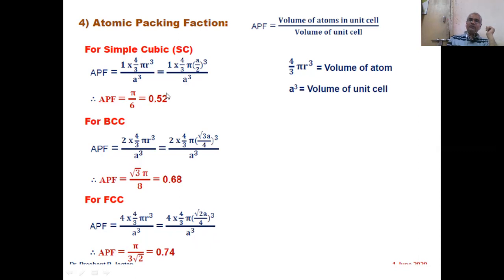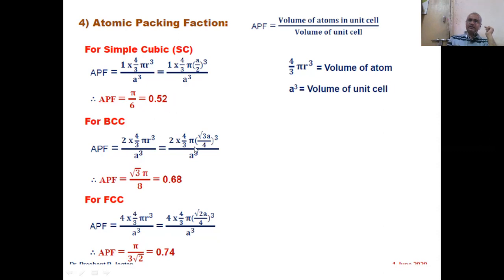Now, what does it mean 0.52? What does it mean 0.68? What does it mean 0.74? If the volume of the unit cell is considered as 100%, then out of this 100%, 52% of volume is actually occupied by the atoms in that unit cell.